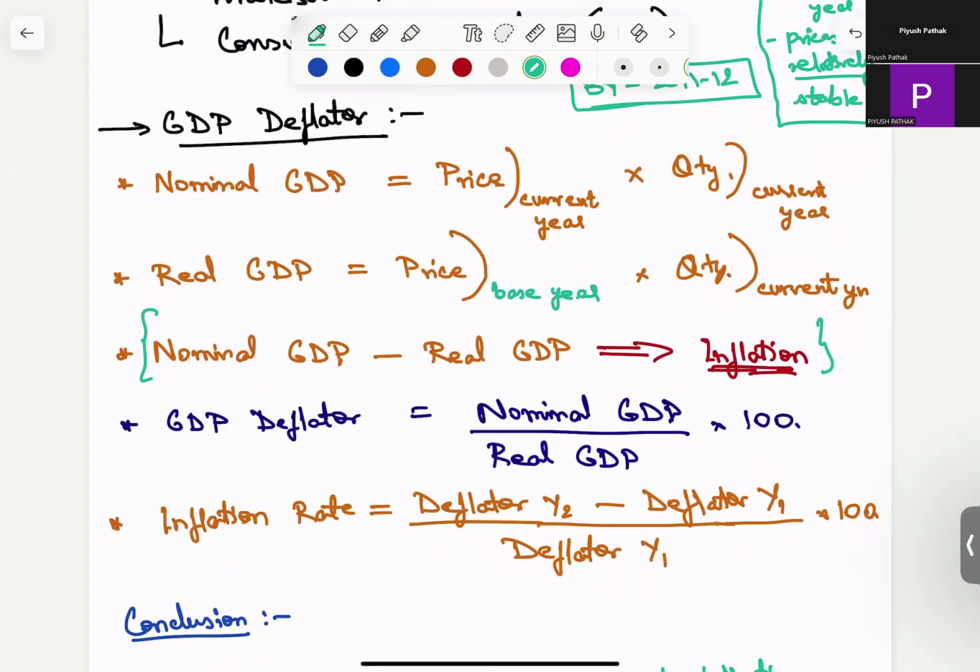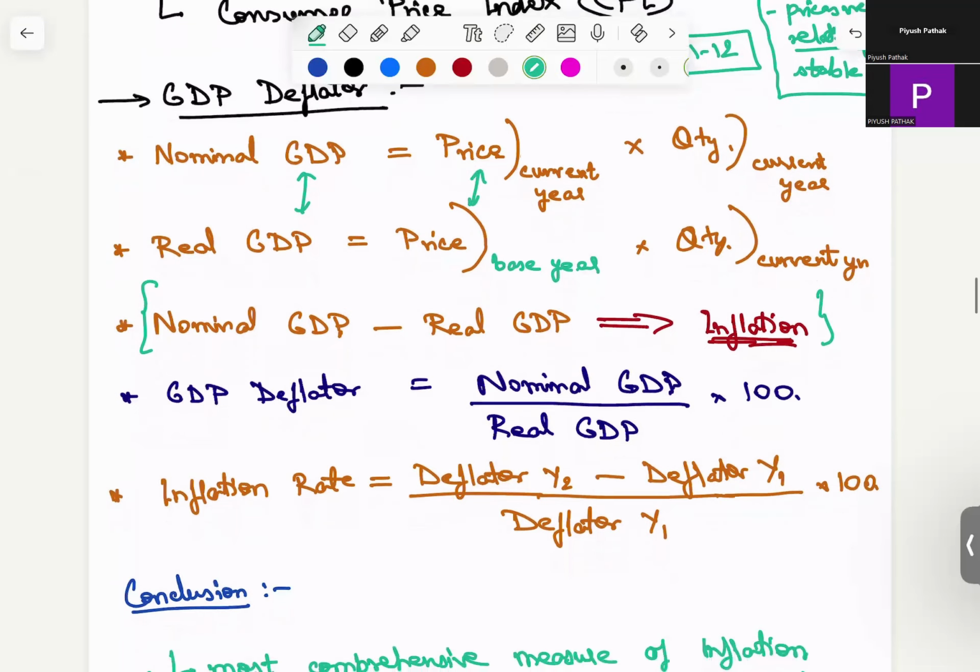I would say it is more of an indication of how inflation has affected it, because if you subtract real from nominal, it would be the difference between these prices multiplied by the quantity. So it is basically an indication of the gap which inflation has created between nominal and real GDP, but it is not exactly a measure of inflation.